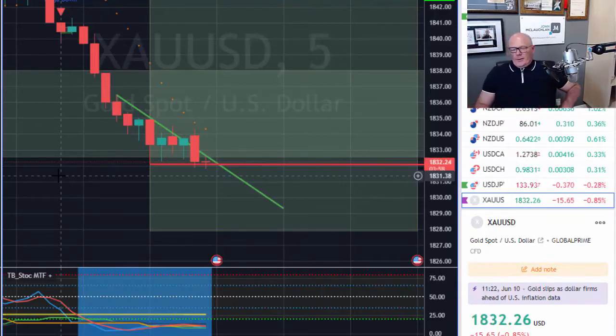Yellow is the 4 hour, and as you can see, that's just slightly above the 25 line on the 5 minute. So price at this point, you would have thought would go up for the buy based on stochastic, based on what's been happening. So we'll see.